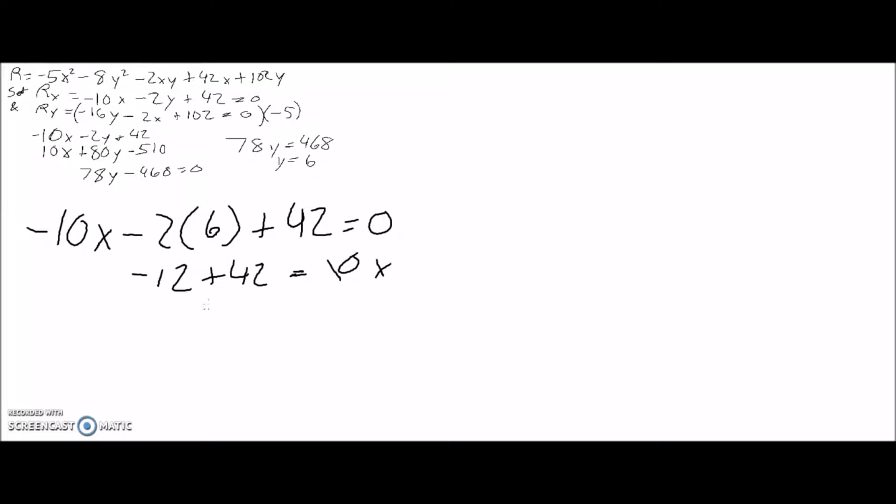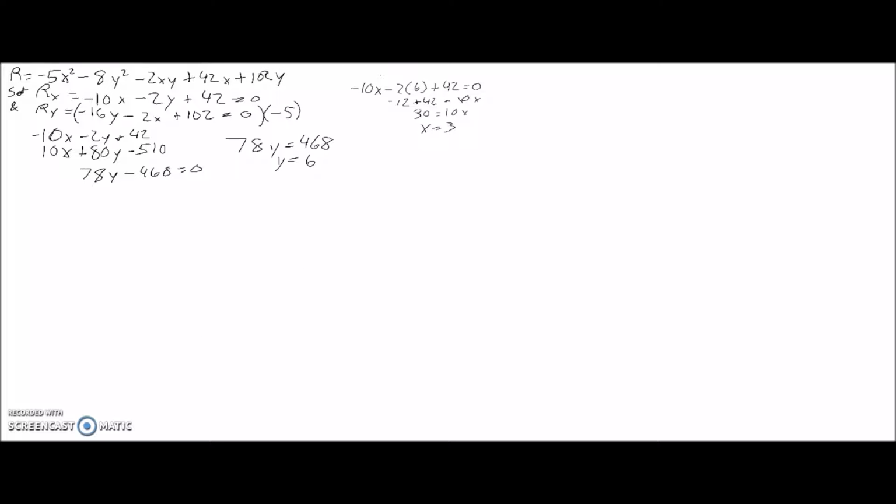This means that 30 equals 10x, which gives us x equals 3. So that gives us our critical point of 3, 6.